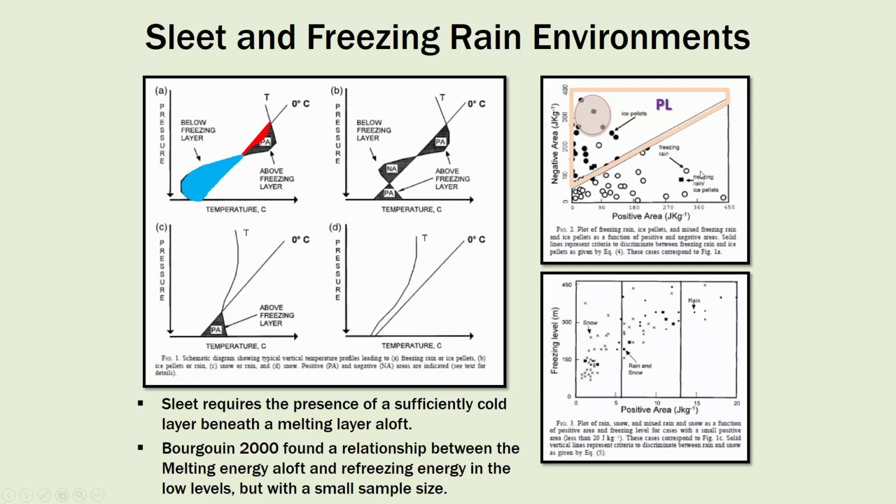So overall, his sleet cases tended to possess more magnitude of refreezing energy near the surface. Likewise, the freezing rain cases tended to possess much less refreezing potential near the surface under the warm layer aloft.